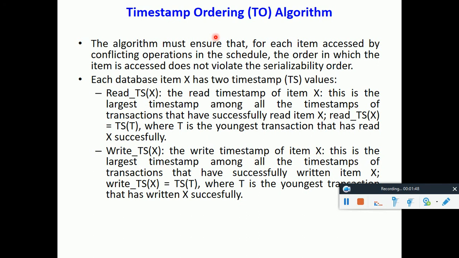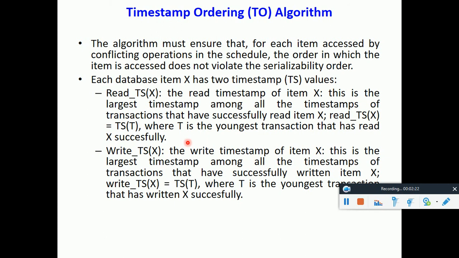Here, whenever a transaction T wants to use a data item X, we associate two timestamps with every data item. The first is the read timestamp and the second is the write timestamp of X. What is the read timestamp of X? It stores the timestamp value of the youngest transaction which has successfully read that particular data item.